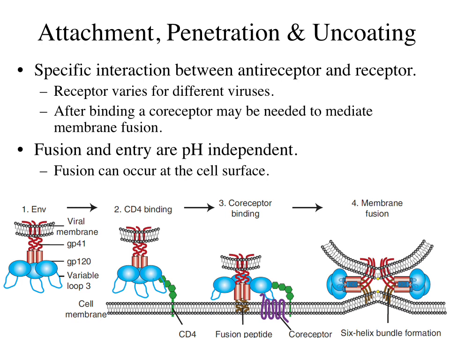Two receptors in particular, CD4 and a beta-chemokine receptor, either CCR5 or CXCR4, are used by HIV to latch onto the cell.